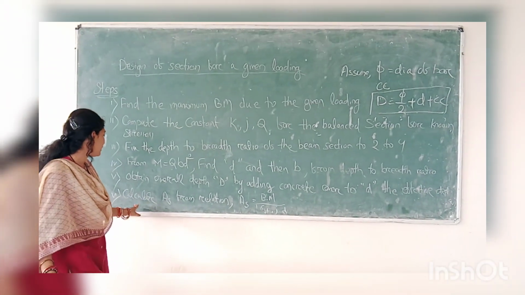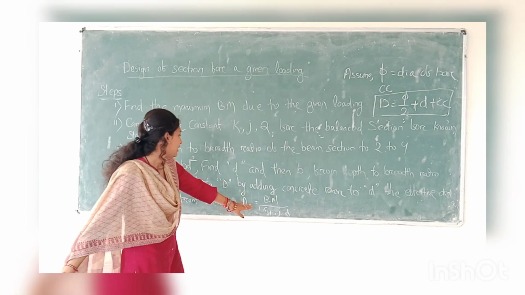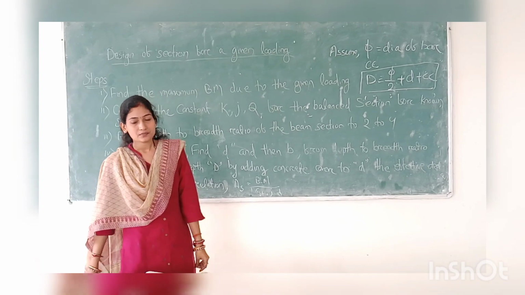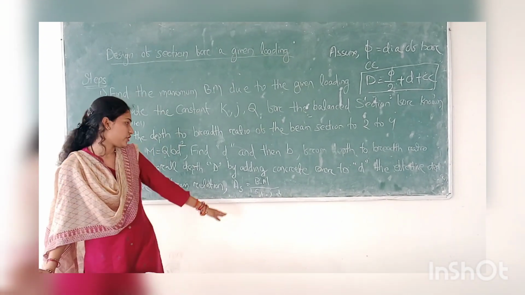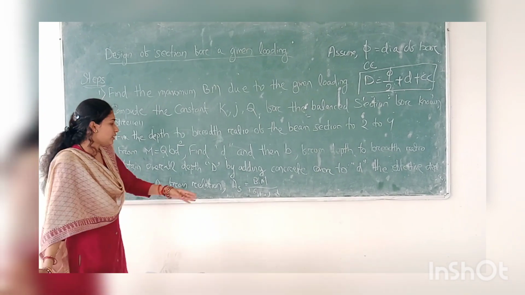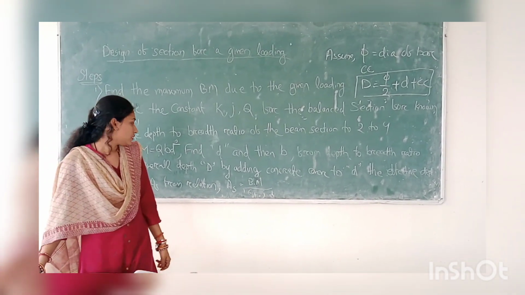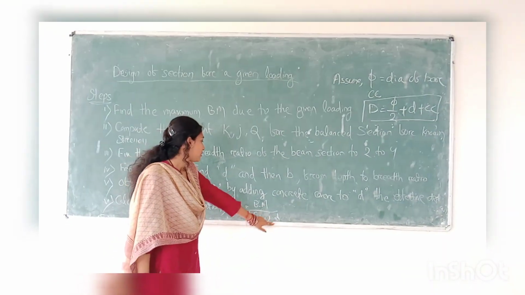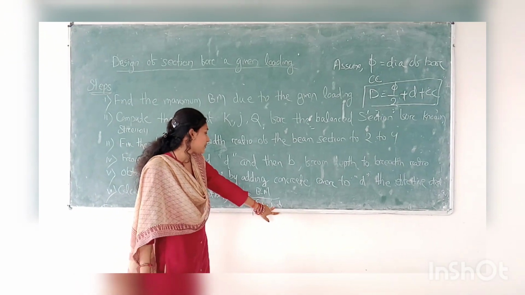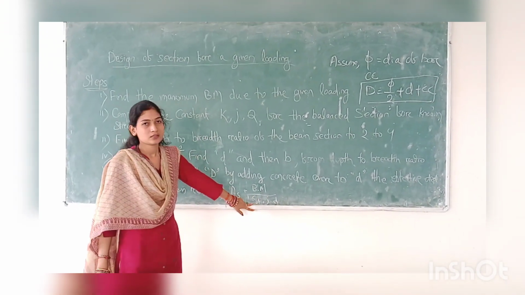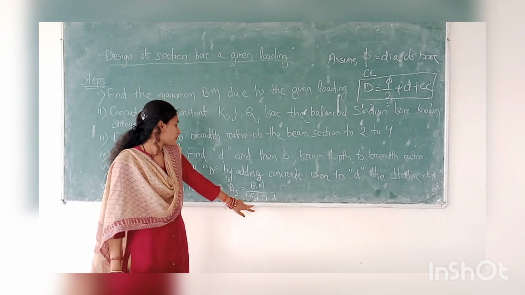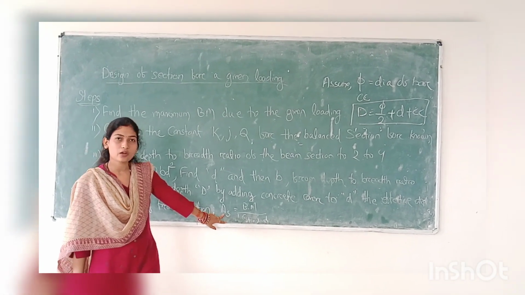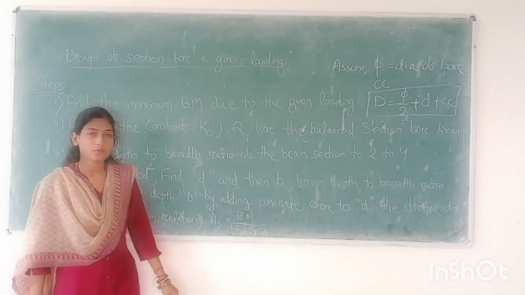The next step, calculate Ast from the relation Ast equals bending moment by sigma st into j into d. That is sigma st, the stress in steel, that will be given in the question. So from the given data we have already calculated the bending moment, the neutral axis constant j, and effective depth d, and the sigma st value we know. So from this formula we have calculated the value of the area of the steel.